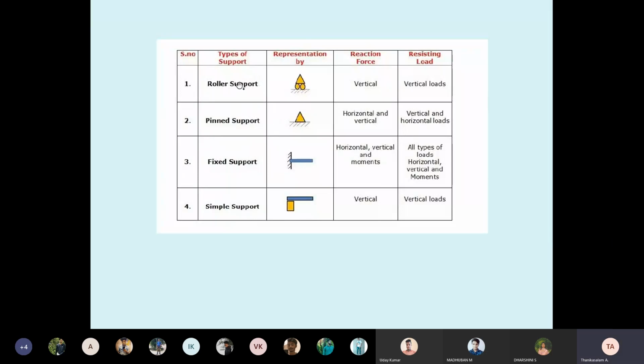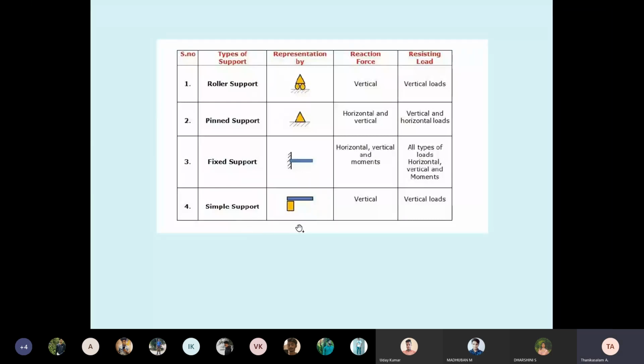Sir, what's the roller support? You use it in the computer table. Sometimes on the bottom of the washing machine, 4 rollers are there. The pinned joint: sometimes we connect without fixing, and that's called a pin joint or hinged support. The fixed support, we use for fixing many things on the wall or roof.